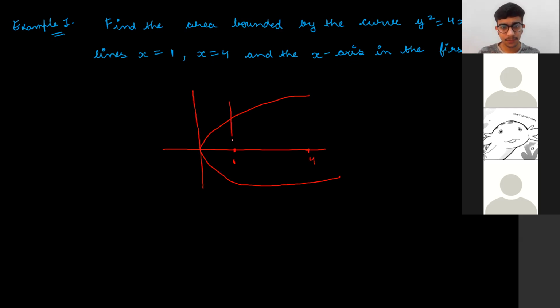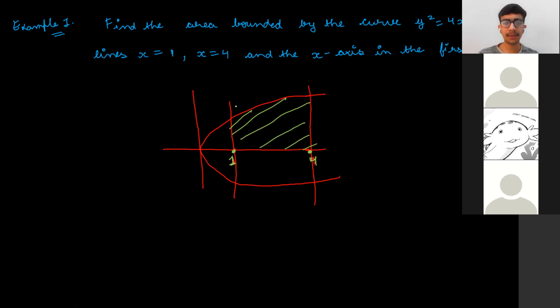This is x equal to 1 and this line is x equal to 4. So the area we need to calculate is only this area. This point is 1 and this point is 4.